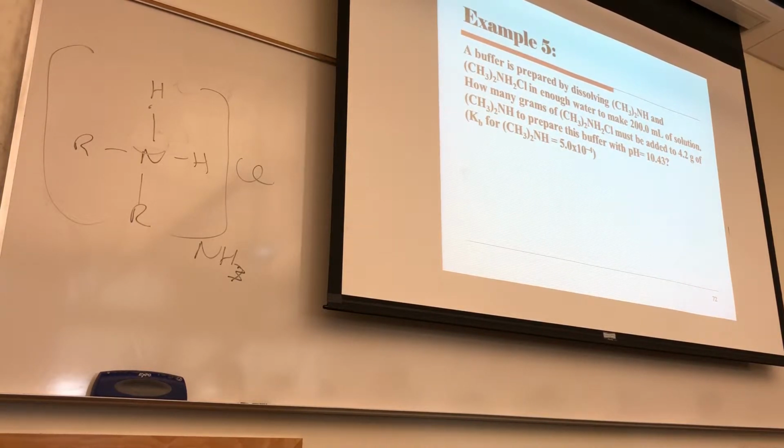Do I have any information on some of that? I have to start with 4.2 grams, so I get the moles of that by using the molar mass of this. That's the HA. And then I have the total volume already here. I divide by the total volume to get my concentration, which would allow me to figure out the concentration of the other one, multiply by the volume to get the moles, and take the molar mass of that to get its mass.